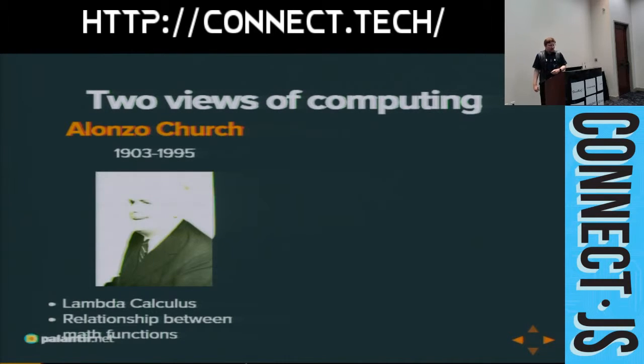And one of the people who developed a definition of computing was named Alonzo Church. He developed a system called lambda calculus, which is based on the idea that everything is a relationship between mathematical functions. All of computing is a relationship between mathematical functions.